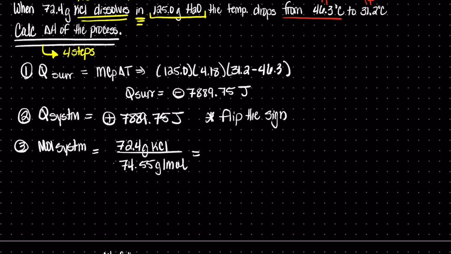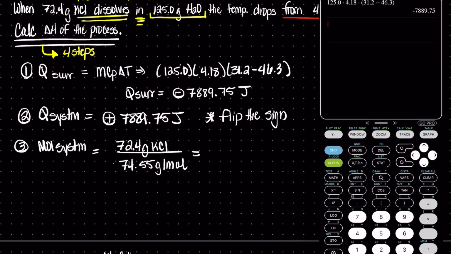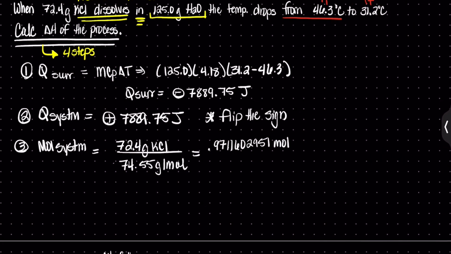Get that division going. You got 72.4 divided by 74.55. That's your number of moles. Remember, we're rounding at the very end, so keep all of your numbers either in the calculator or on your paper. That'll help you out later.